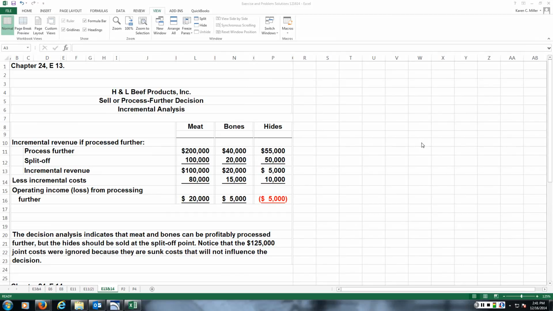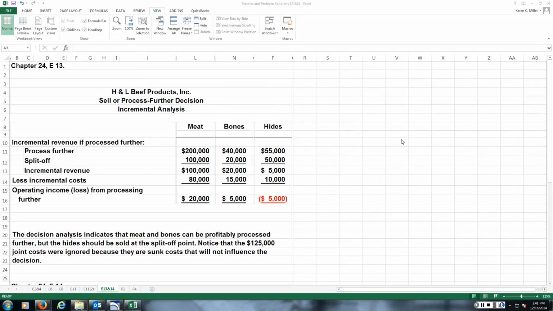Okay, the same with bones. If we just sell the bones to someone else, let them process them into fertilizer, we would make $20,000 in sales, $50,000 for hides. So what we want to take into consideration is what would our incremental sales be, our incremental cost, and our incremental profit if we continue to process any one or all three of these particular products after split off.